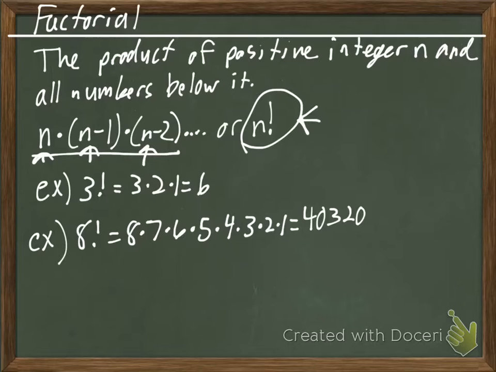And then we have 8 factorial, and it follows the same path. We just do 8 times 7 times 6 times 5 times 4 times 3 times 2 times 1, and we put that in the calculator, and we get 40,320. So you can see how these factorials can get pretty big pretty fast because of the multiplication.